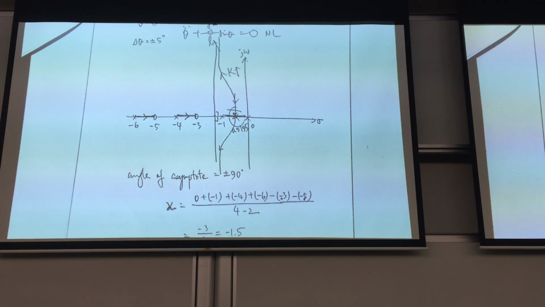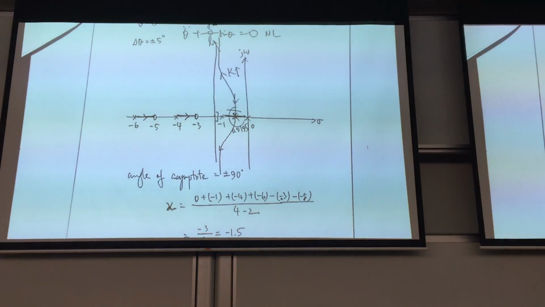The response will be very oscillatory. Because when K becomes very large, you are moving vertically upward. As a result, your damping becomes smaller and smaller. When your damping ratio becomes smaller, response becomes more and more oscillatory.